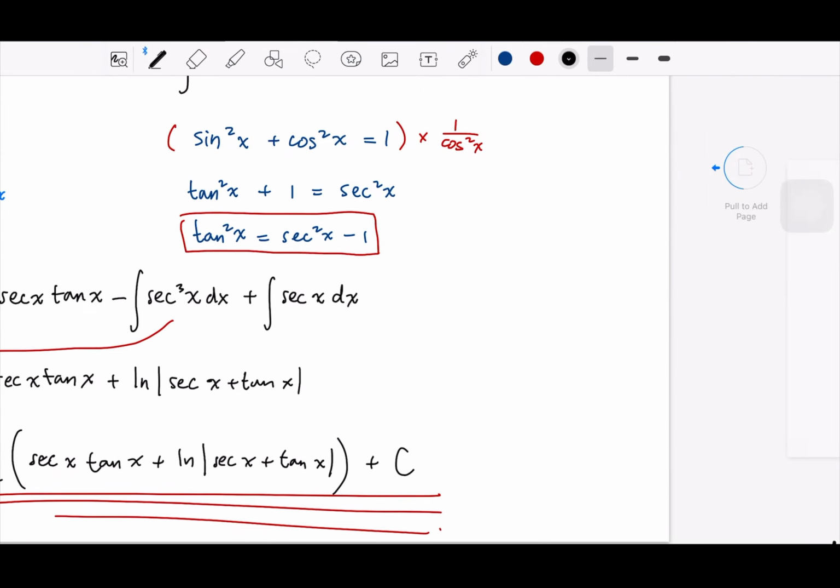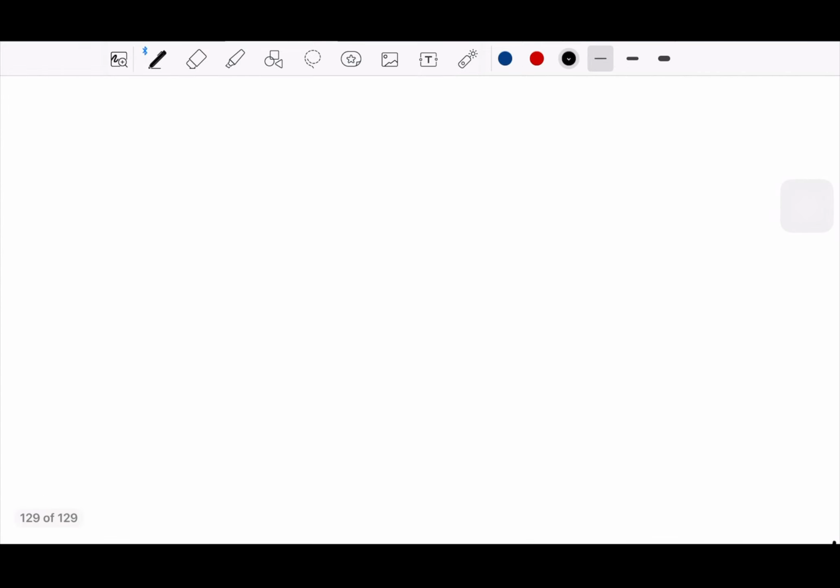We will begin the next section, which we call trigonometric integral.